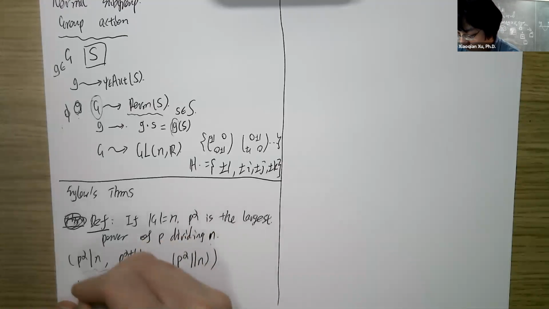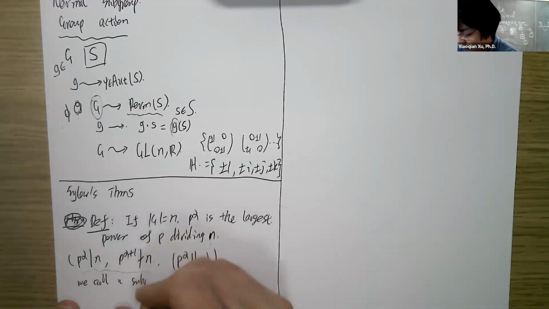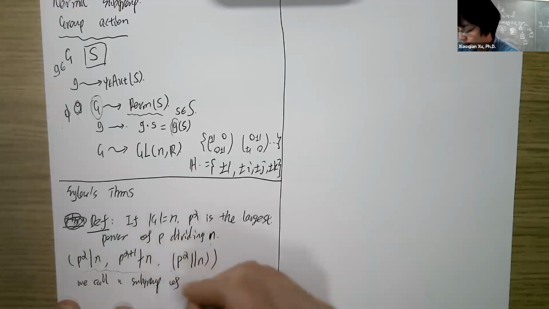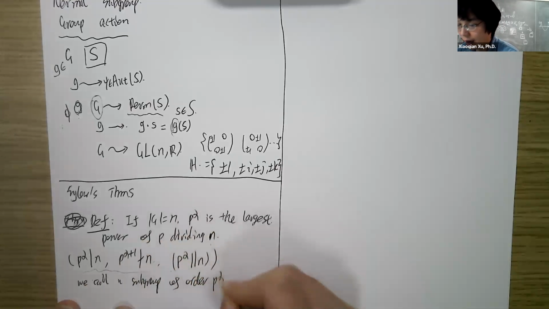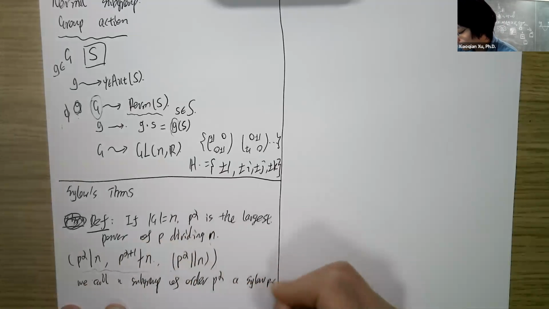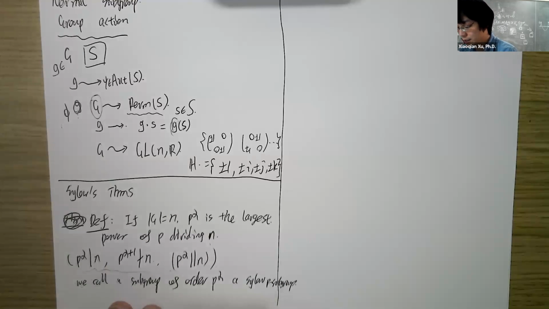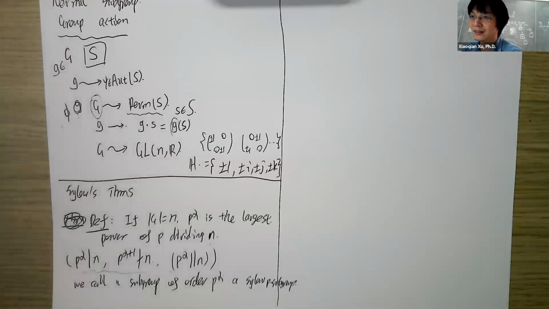We call a subgroup of order p to the alpha a Sylow subgroup, a Sylow p subgroup. Because for a group, there might be a Sylow 2 subgroup, a Sylow 3 subgroup, and so on, right? So a subgroup of order p to the alpha is a Sylow p subgroup.